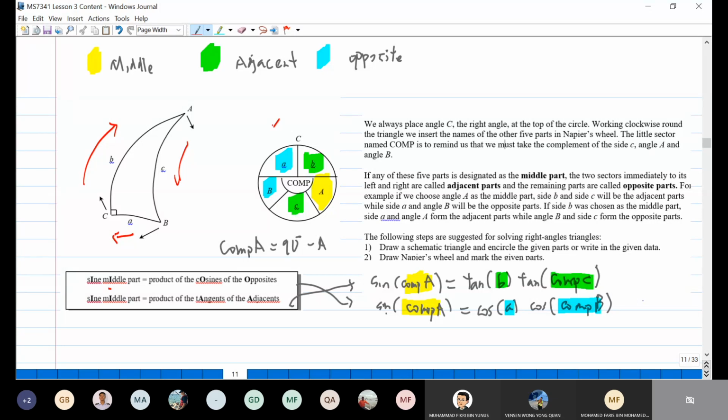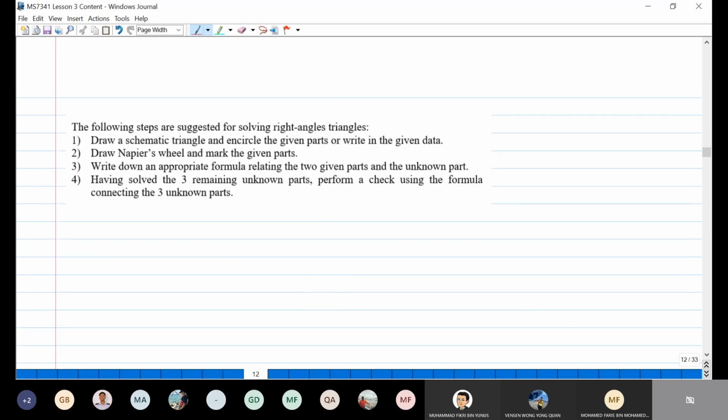Then let's do the summary. The steps of solving the right angle triangle. So you must have a right angle triangle first.